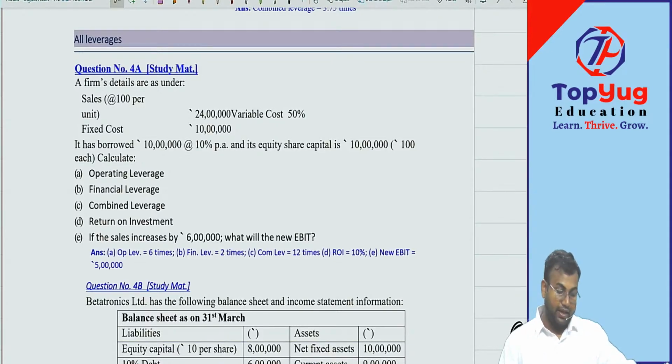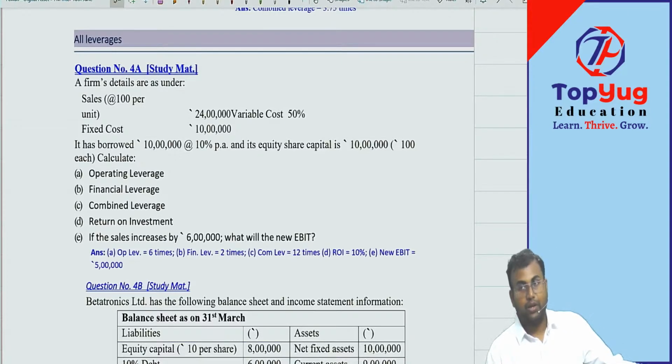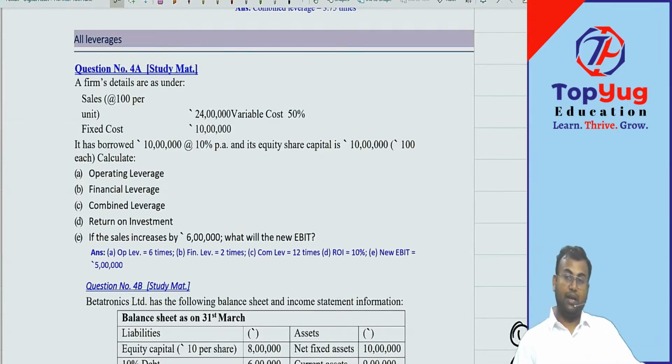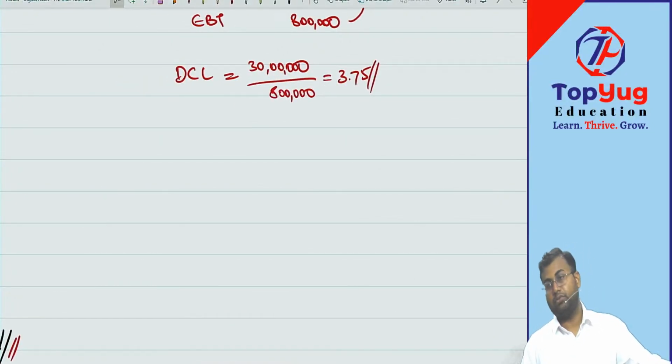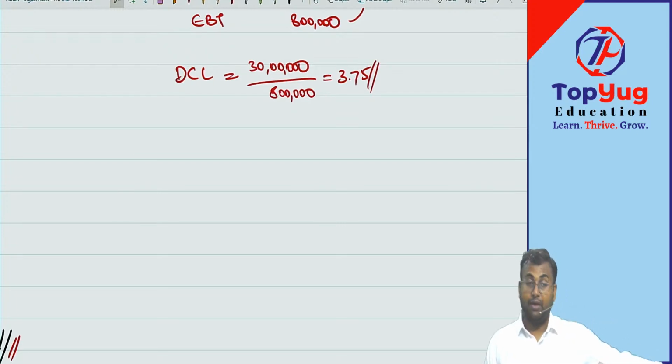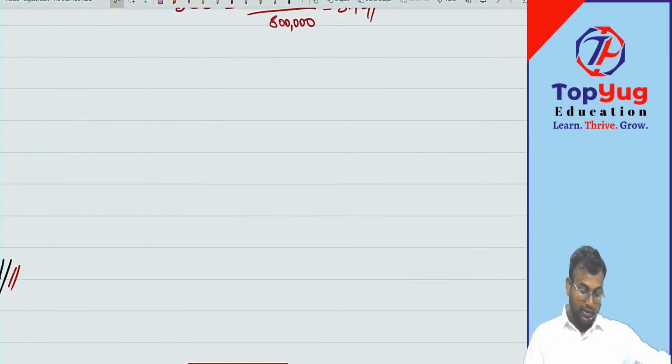Equity capital is 10 lakhs. Calculate operating leverage, financial leverage, combined leverage, ROI, and if the sales increase by 6 lakhs, what will be the new EBIT? Simple problem. This kind of problem you can surely expect in exams, for 4 marks to 6 marks, or at least 3 marks at minimum.